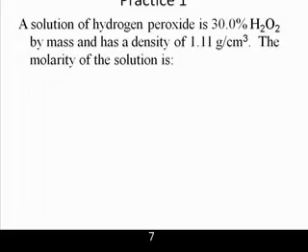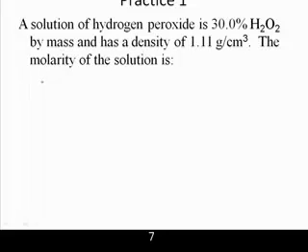You'll see how that really drives the way you solve these calculations. I find it helpful to break the units apart and remind yourself what you have. So 30% H2O2 by mass. We're going to assume this is aqueous, since hydrogen peroxide is soluble in water, so the solvent is water.